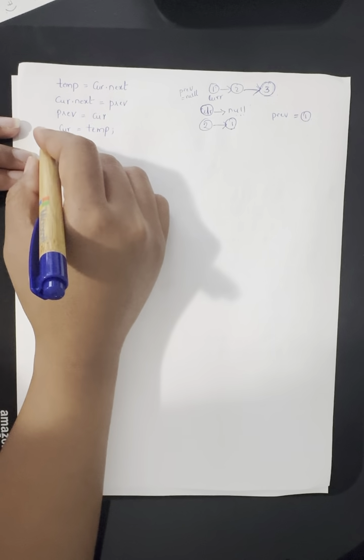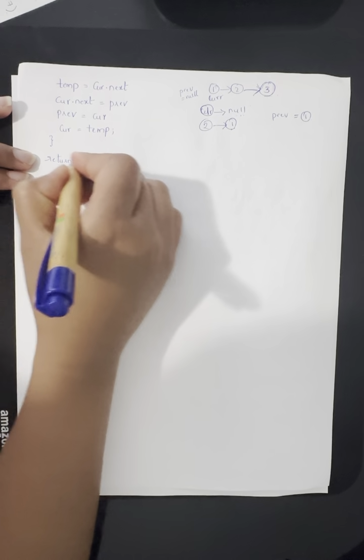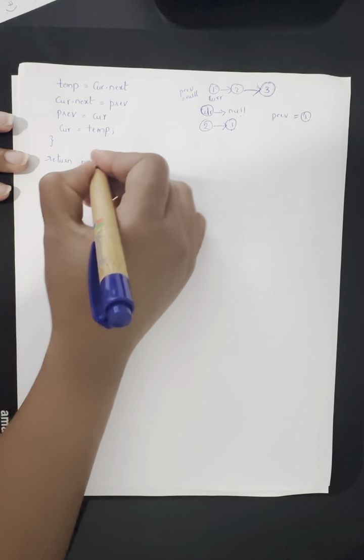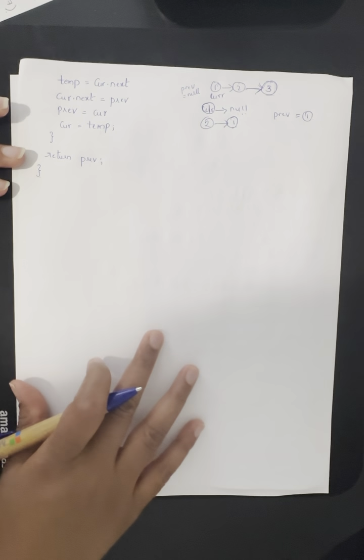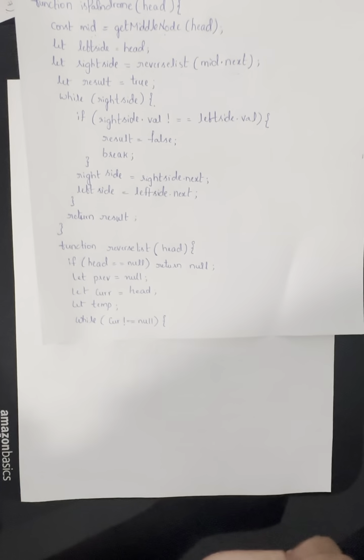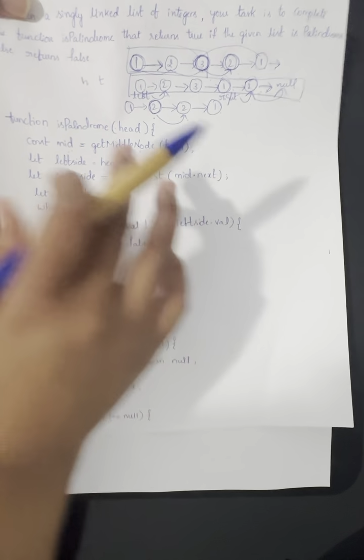Here the while loop ends, and then we need to return previous. So this is the code for returning the reverse list, and then we still need to write the get middle node function.